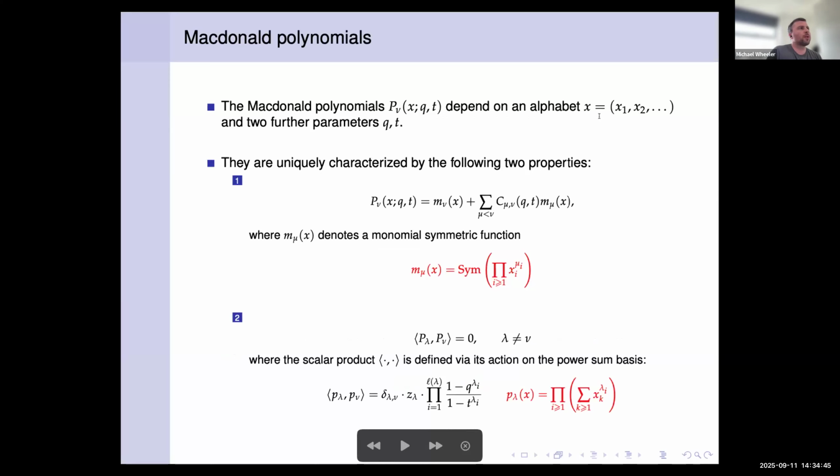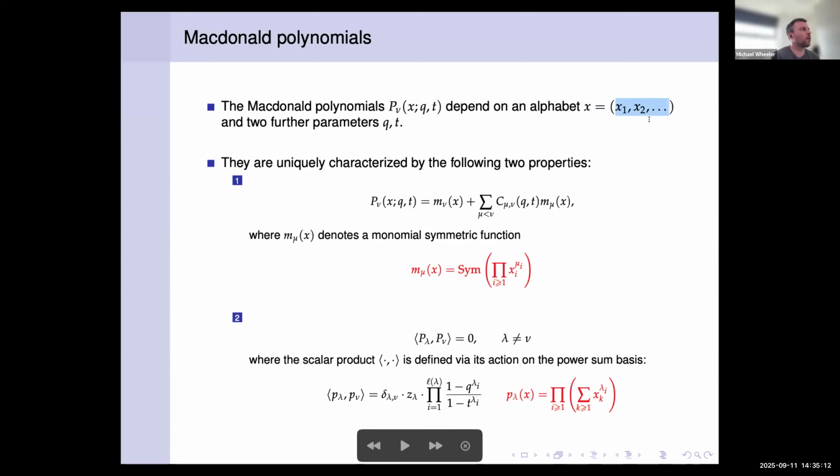Macdonald polynomials depend on an alphabet of variables, usually denoted x1, x2, and this alphabet can either have finite or infinite length. They also contain two further parameters that are always denoted q and t. These are symmetric functions with respect to this alphabet of x variables.